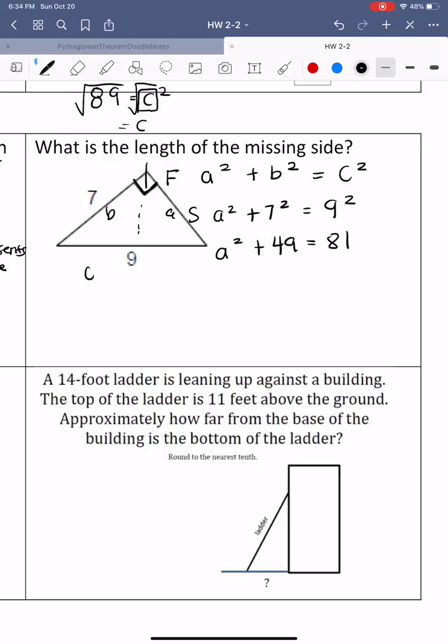So here, once again, I need this a squared by itself, because now we're looking for a. And so in order to get this a squared by itself, I'm going to have to subtract 49 from both sides. So a squared equals 81 minus 49.